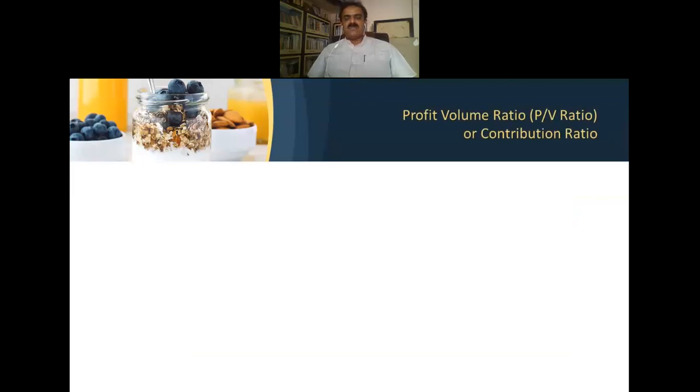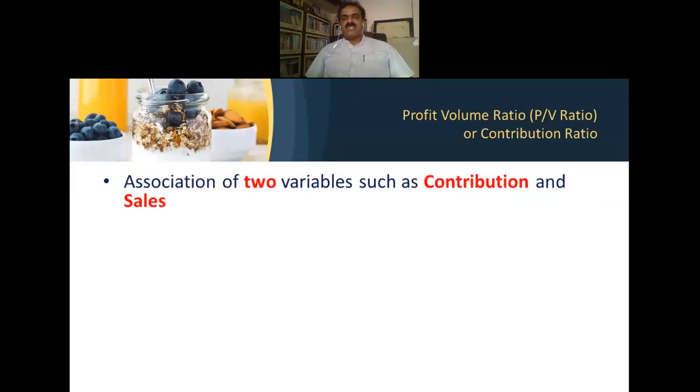So then comes the profit volume ratio. This profit volume ratio can also be called the contribution ratio, popularly called the contribution ratio or PV ratio. Now, this ratio is expressed as a relationship between two variables, such as contribution and sales.